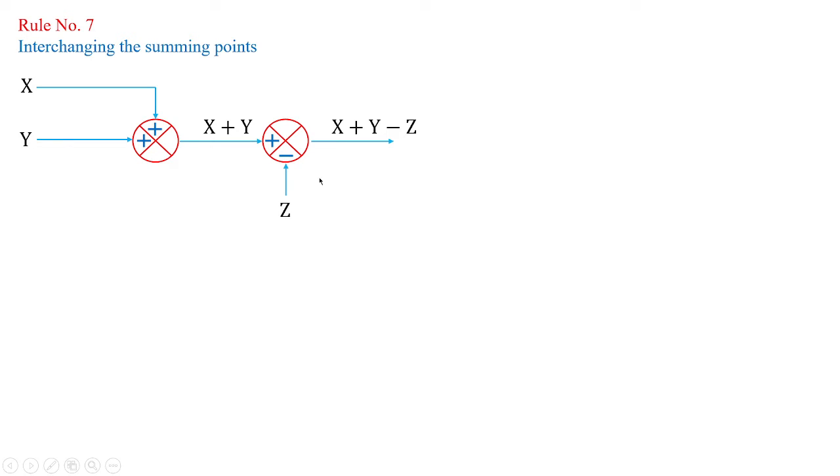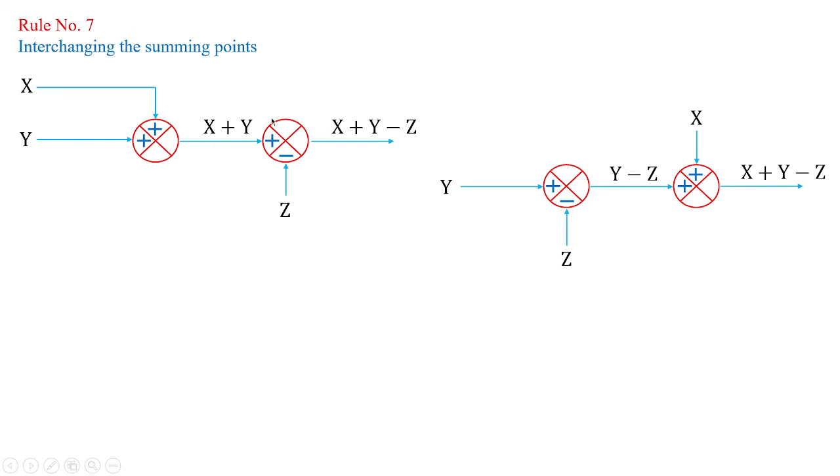It means I have to just change the positions of the summing points. Then what is going to happen? As you see here, y minus z is taken in one summing point, then the resultant is added with x. So x plus y minus z is the same answer that was obtained before interchanging the summing points. It's a simple rule. You can remember this rule very easily.